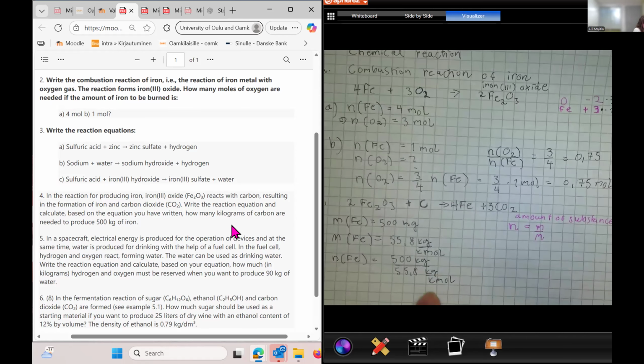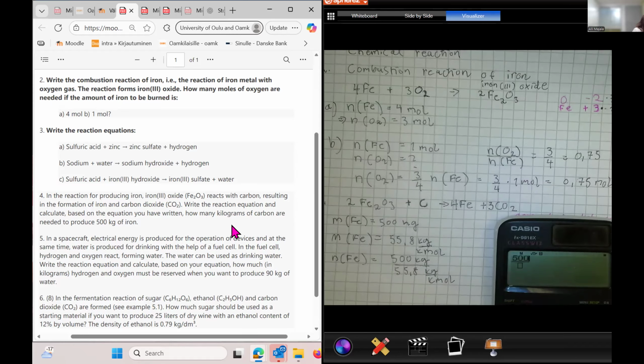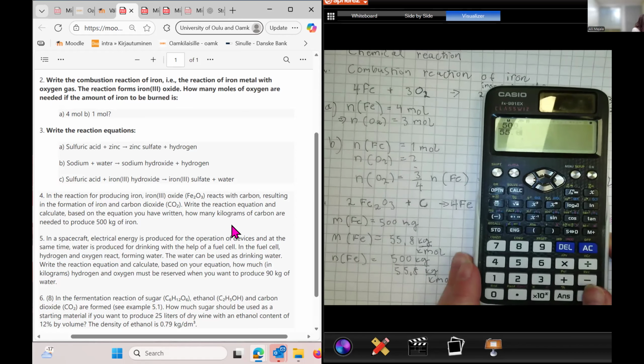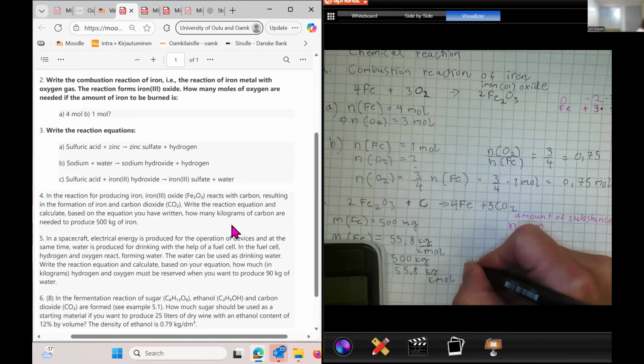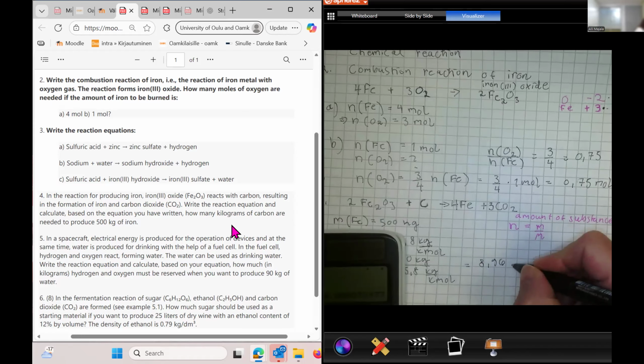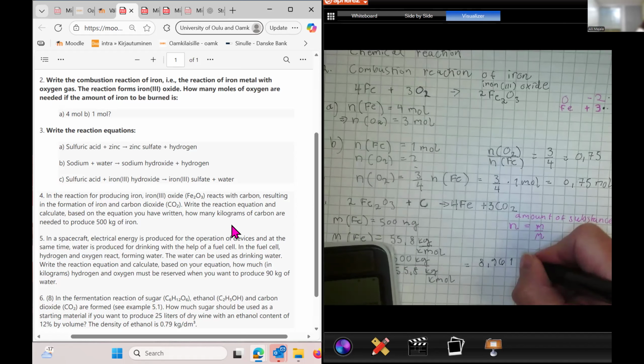And now I get how many kilomoles of iron I have in 500 kilograms. 500 divided by 55.8, and this would be 8.961. I can round it from here. Kilomoles.